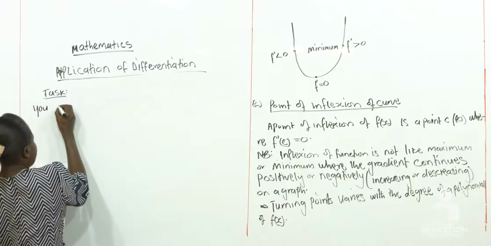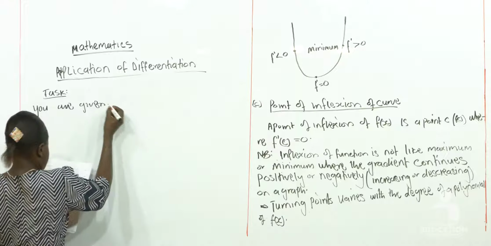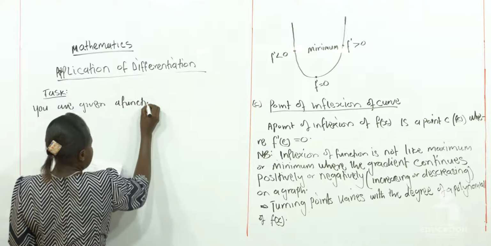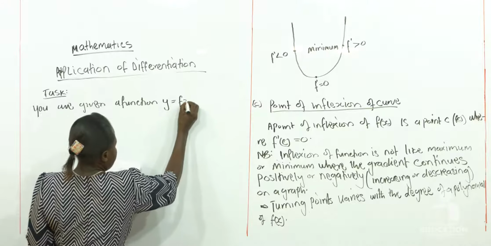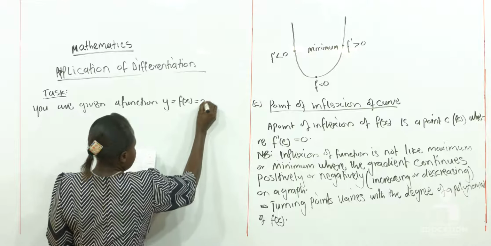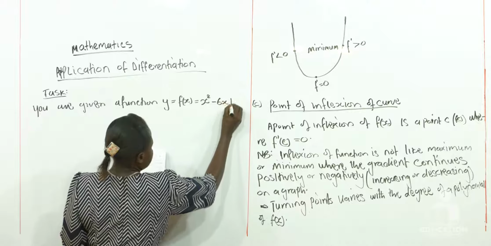You are given a function y equals f of x, which equals x squared minus 6x plus 1.